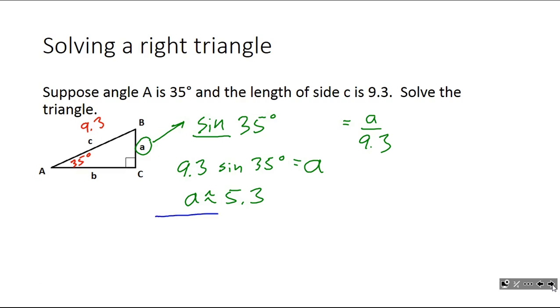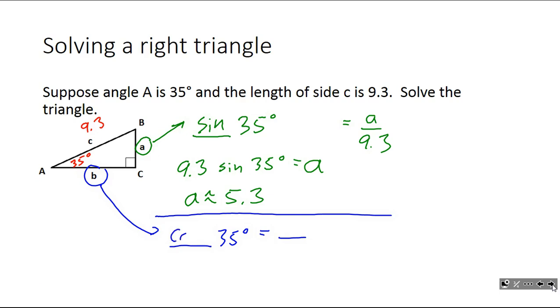Let's do a similar analysis to come up with side B. I'm going to start out the same way. I'll have some unknown trig function of 35 degrees equals some fraction. Very similar to the previous part. Now when we're looking at 35, B would be the adjacent. And adjacent over hypotenuse C is a cosine function.